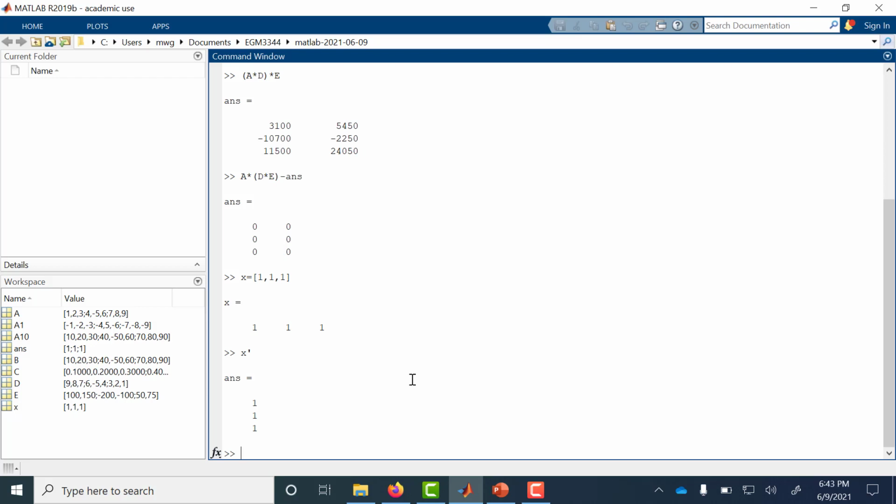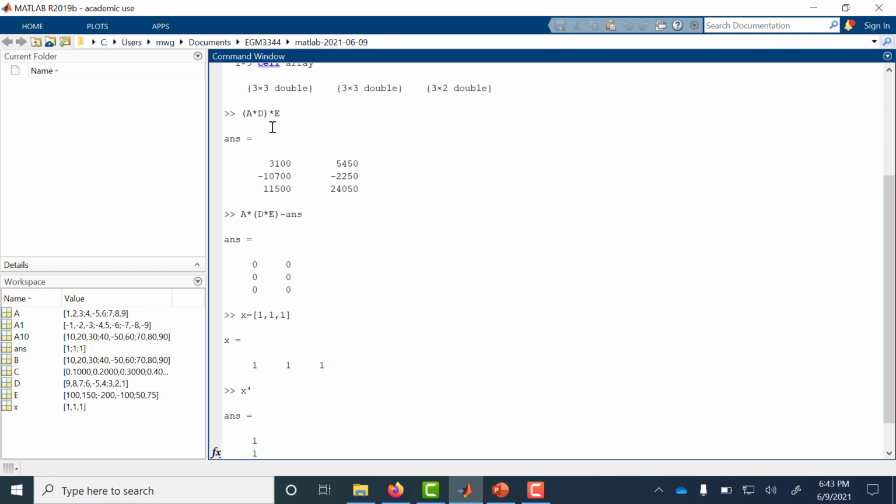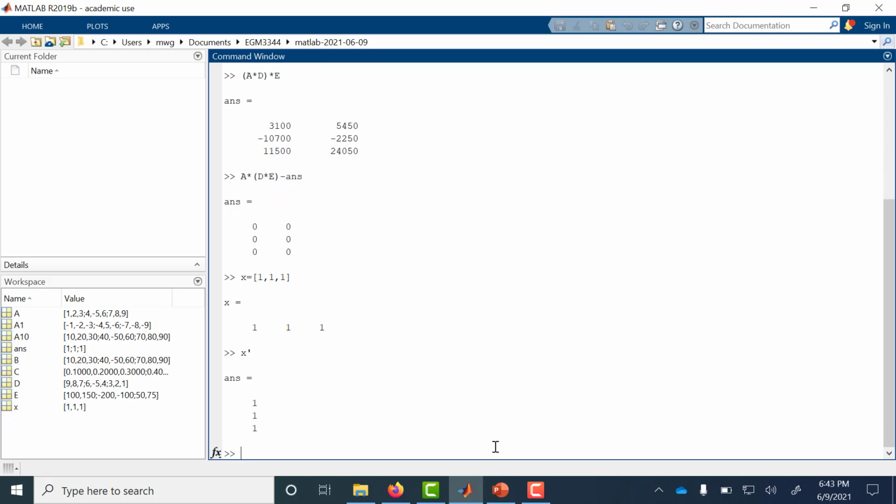And I wanted to add a column to A. So I'm going to say A1 equals the original A, and then I'm going to add on, concatenate that column vector. And yeah, so that's made me a 3 by 4.